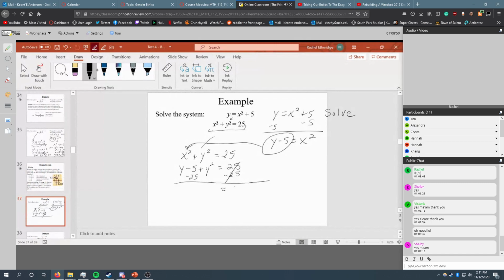So now it's equal to 0. I have y minus 30 plus y squared, but I need to put it in order of decreasing degree so that I can factor it. Now I have it in a form that I can factor. So what multiplies to give us negative 30 and adds to give us positive 1? It's going to be y plus 6 and y minus 5.